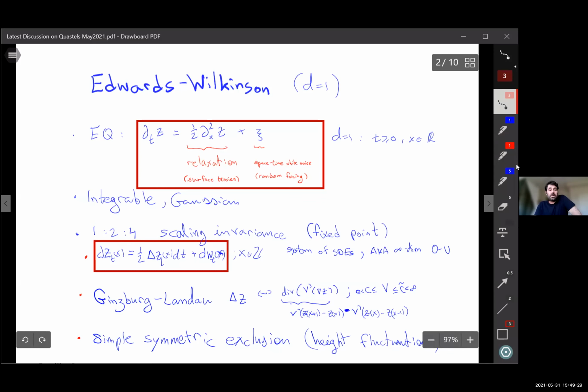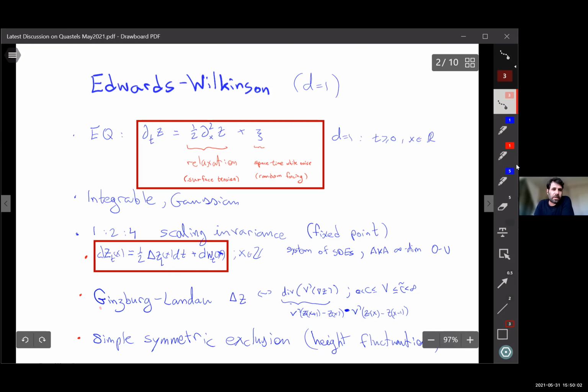But to give you some other models in this class, Jeremy mentioned a few, and I will repeat some of them. The first one is the semi-discrete Edwards-Wilkinson. You can think about this as a system of stochastic differential equations, where you take the discrete Laplacian, and these are independent Brownian motions in space.